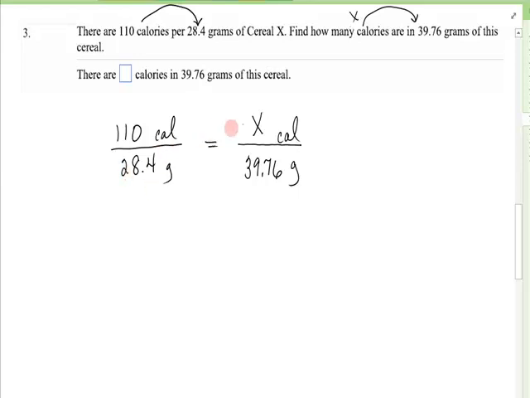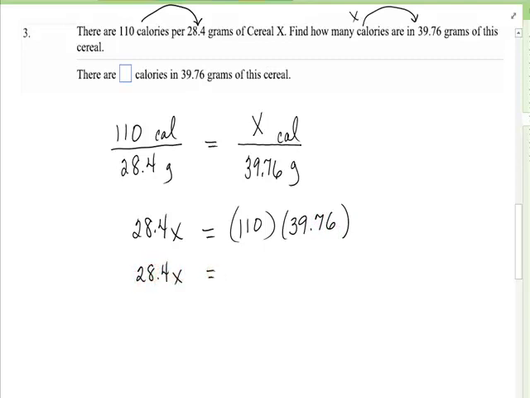I'm going to multiply 28.4 times X equals 110 times 39.76. So 28.4x is equal to, I'm going to grab my calculator, 110 times 39.76.